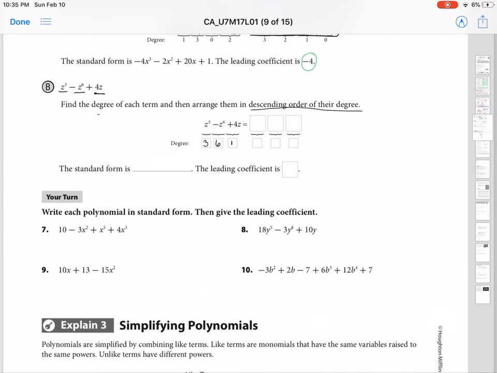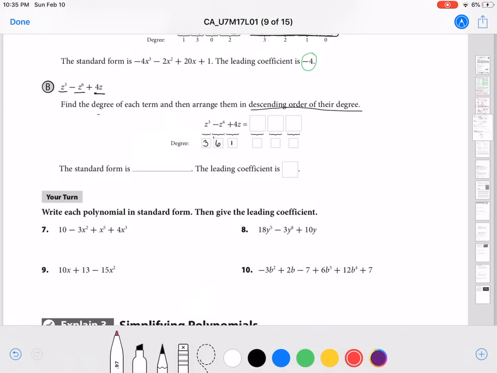In order to arrange that, we have to start with our highest degree, which is going to be 6, then 3, then 1. So we're going to start with negative z to the 6th, z cubed, 4z.